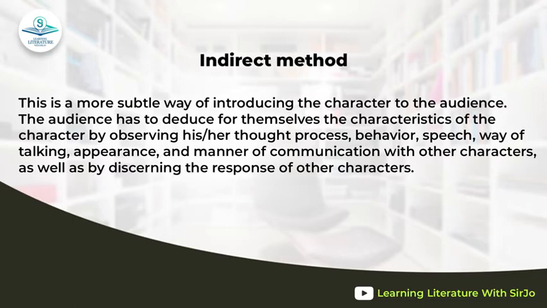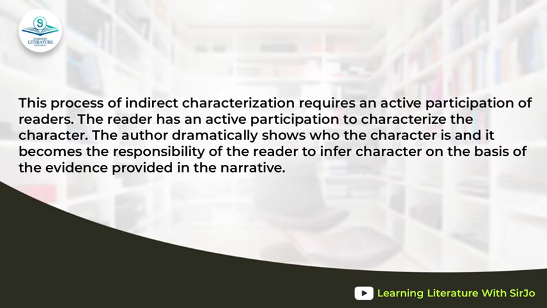So with this kind of method, it requires an active participation of readers. The reader has an active participation to characterize the character. So with the direct method, it is a responsibility of the writer, but with the indirect method, it is a responsibility of the reader or the audience to discern and describe a particular character in a story.